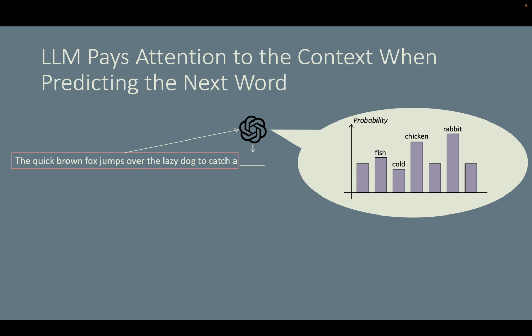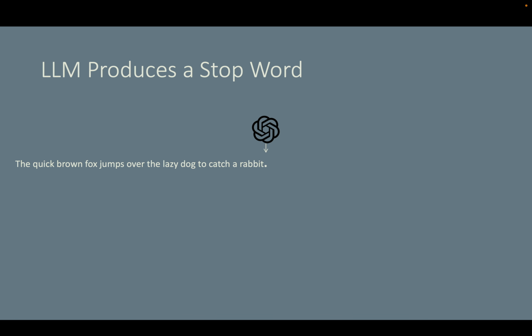In this example, when ChatGPT is predicting the word after catch a, it pays a lot of attention to the word fox, then to words like over, or the, or lazy, or dog, and so on, despite the fact that the word fox appears earlier in the input sentence. All right, in the end, ChatGPT produces a stop word, which is period. That stops this prediction cycle.